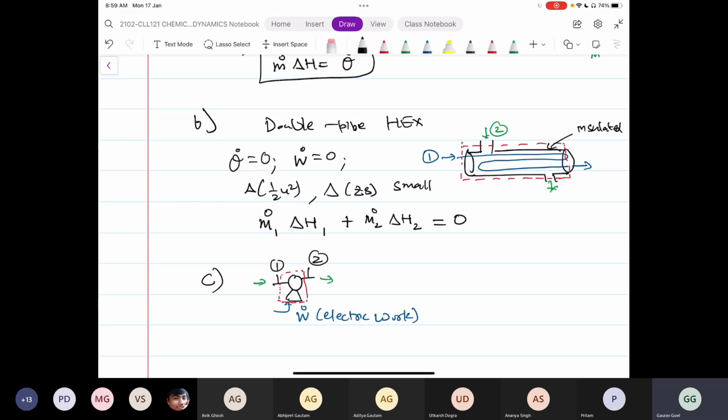And the way you can visualize the way this pump is working is, it's connected to a power source. A shaft inside is moving, and rotation of that shaft is the mechanism by which the electric work is getting added to your flow stream. Therefore, W naught in this case is not zero.